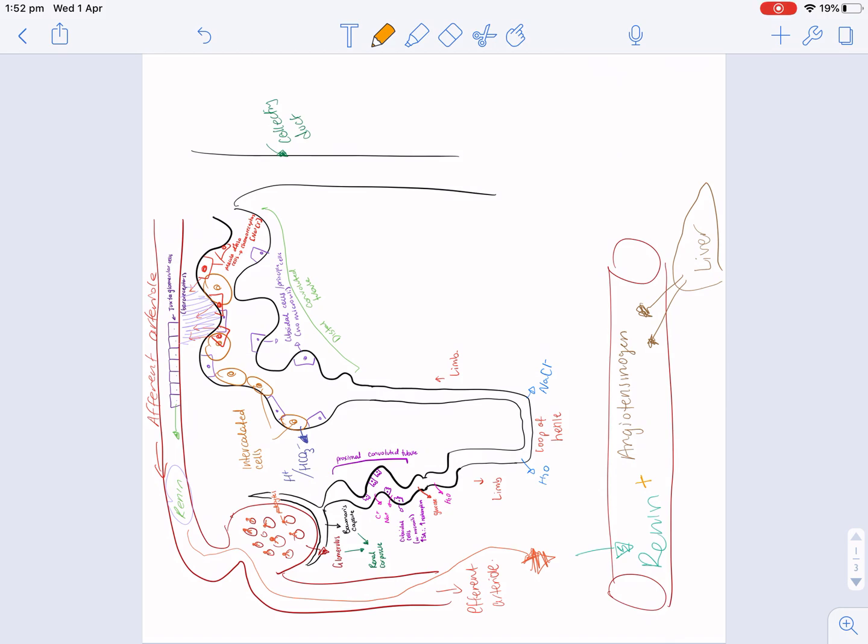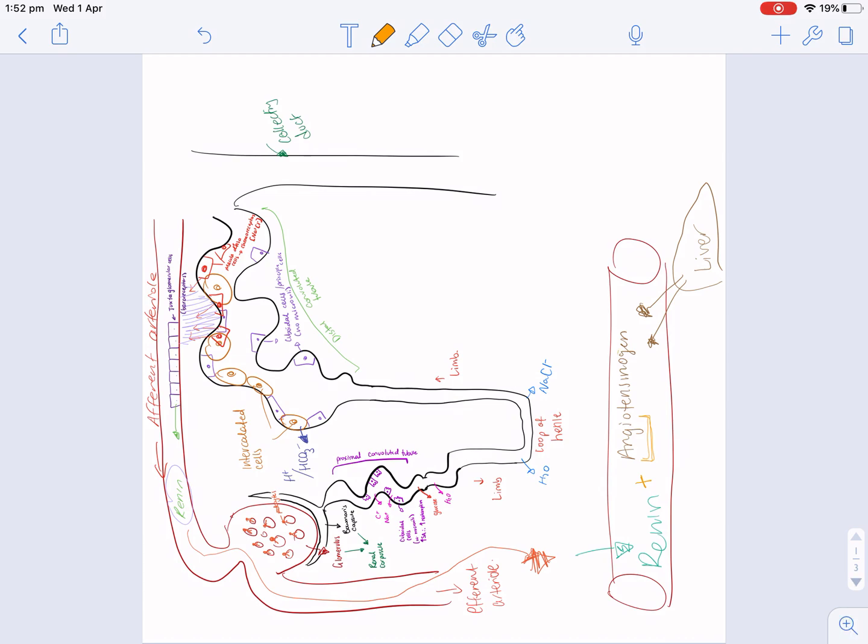But before we go to that, what does the word angio mean? Well, when you get an angiogram, it is imaging of your blood vessels, or a radiographic image of your blood vessels. Tensin is to tense, and OGN is an inactive form.